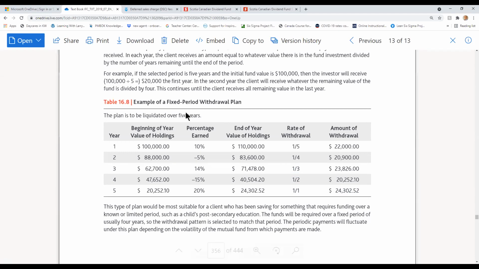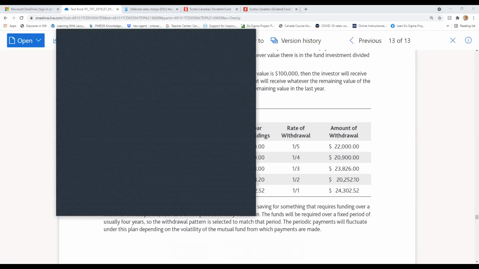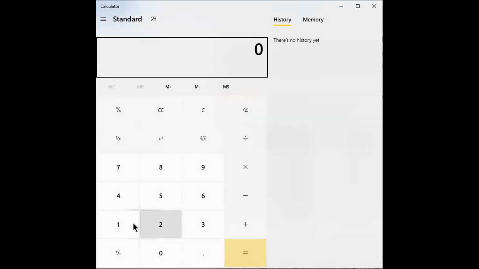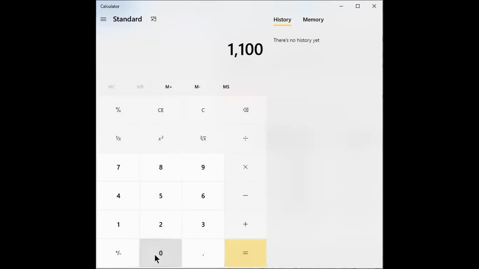Okay, let me show you on the calculator. Let me stop sharing and share this calculator here. Okay, so you see my calculator? Yeah. So we had 110,000.